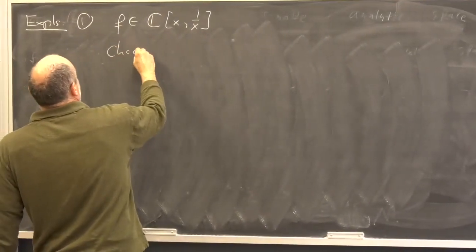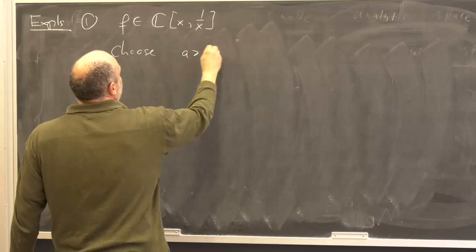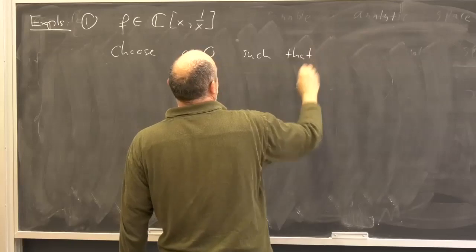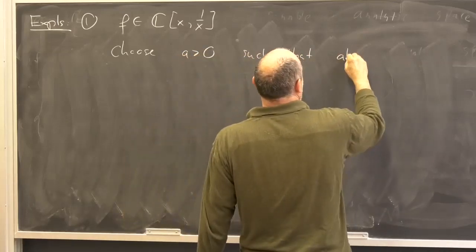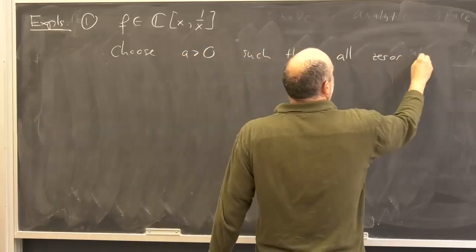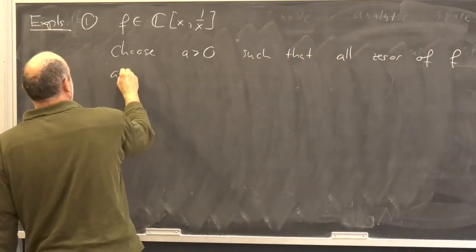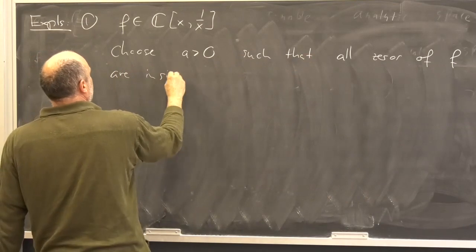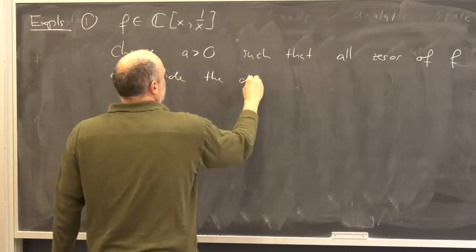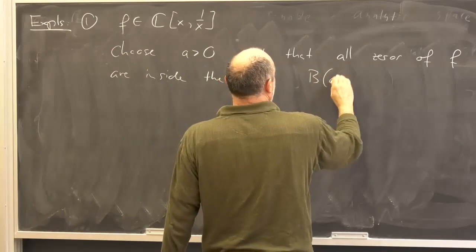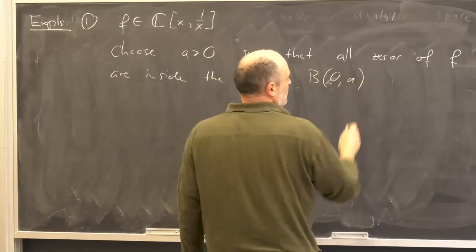Okay, so this applies here because, let's see, choose some positive A such that all zeros of F are inside the disk D of A, right?